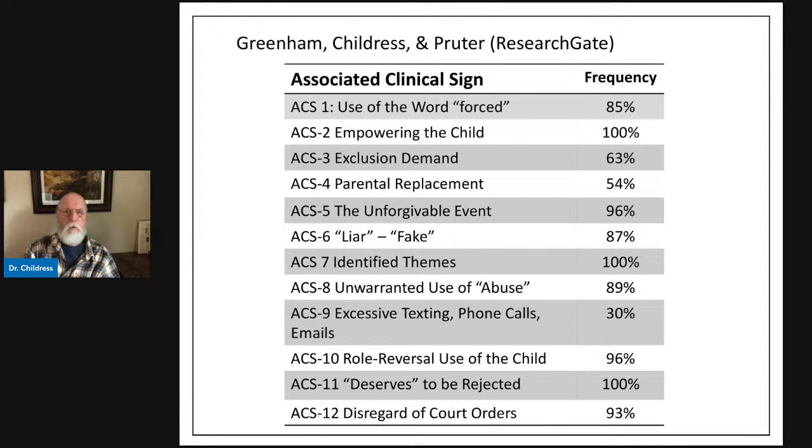So use of the word force was in 85% of the families, empowering the child to reject a parent, 100%. The exclusion demand, that child doesn't want them at their soccer games or high school graduation, that's 63% of the families. Parental replacement, calling the parent by their first name or things like that, is 54%.